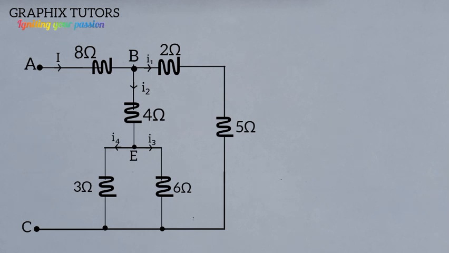When I say a terminal, I mean a point at which current can flow into the circuit where you connect to your source. Now, B is a node where two or more currents meet.